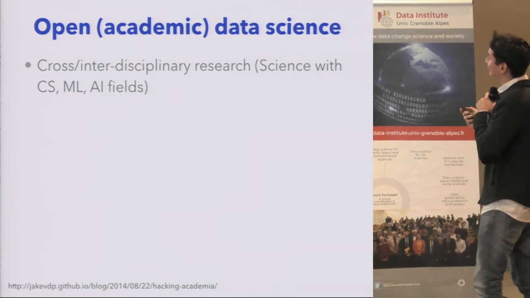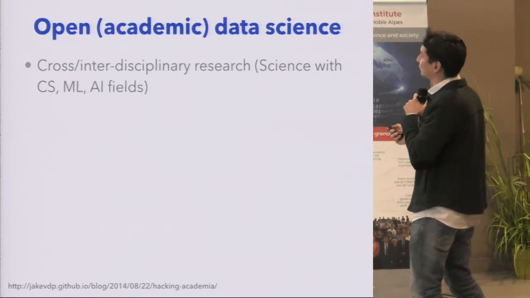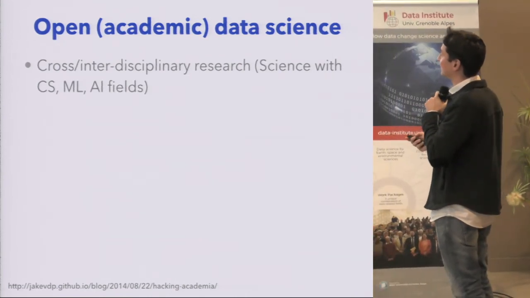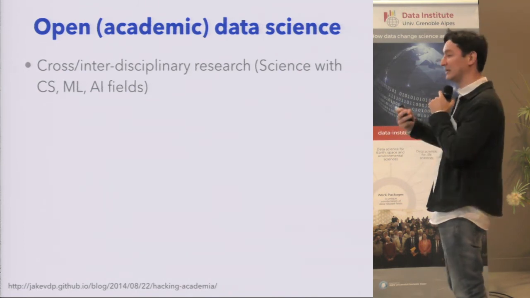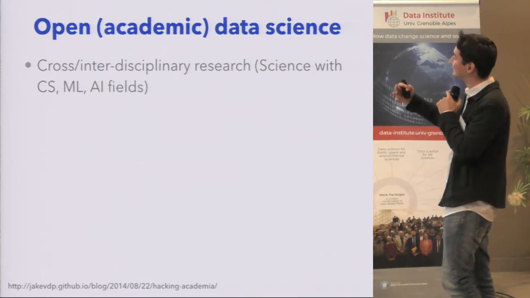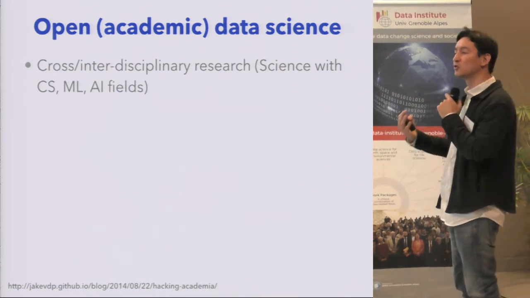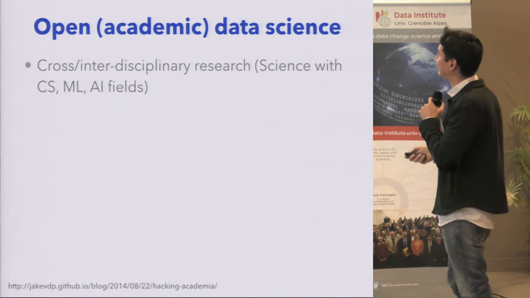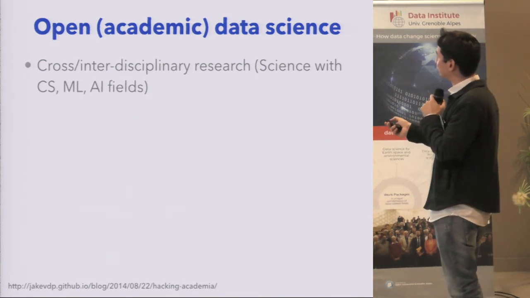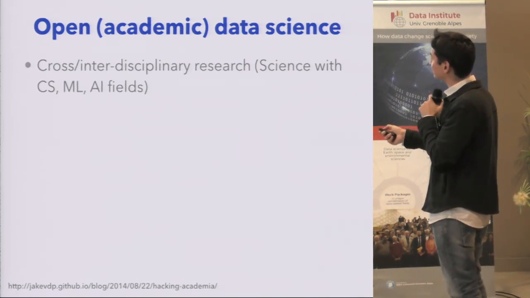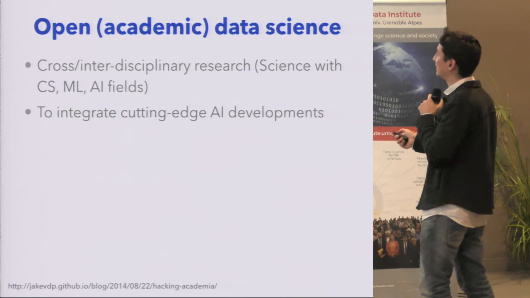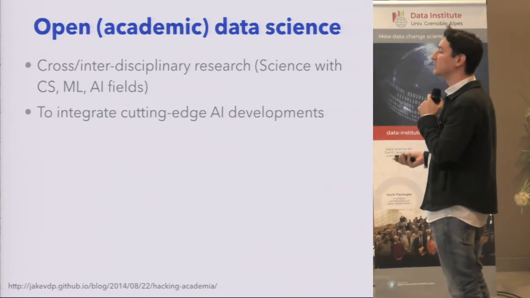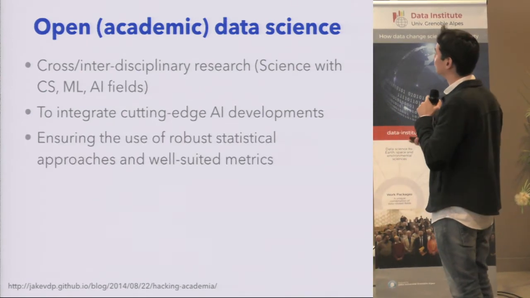And then there are other questions here, right? So this open data science or academic data science is about cross and interdisciplinary research, and it implies human interaction, right, in the end. Because we want to collaborate with researchers from computer science, from machine learning and AI fields to integrate cutting-edge developments into what we do, right, into the hard science.